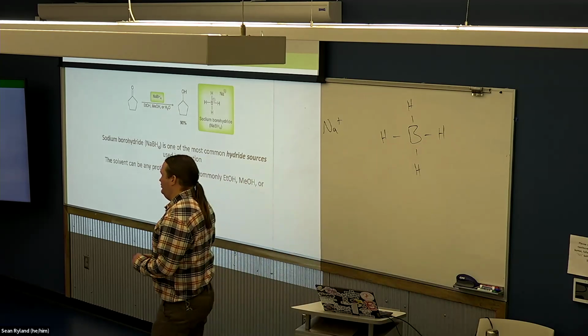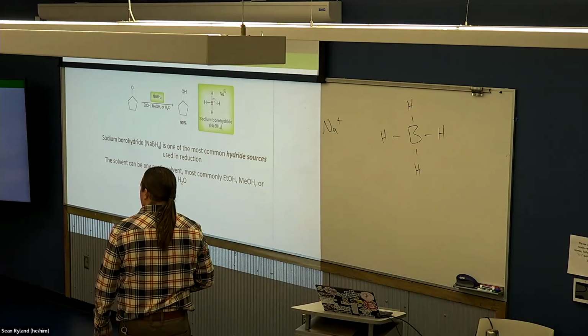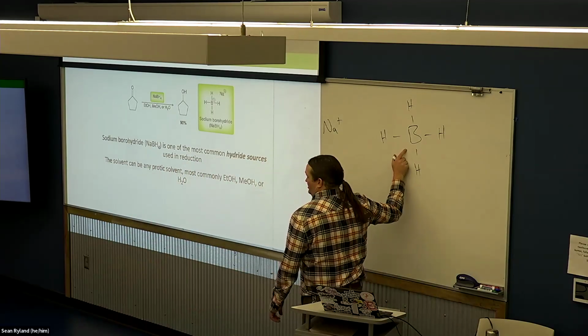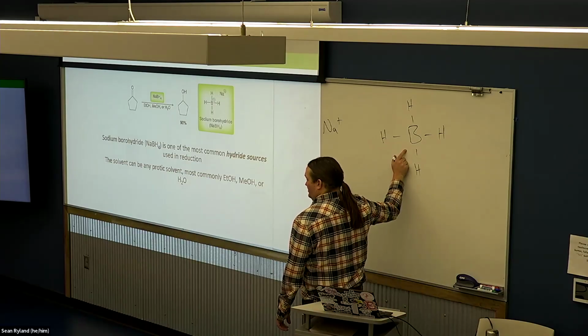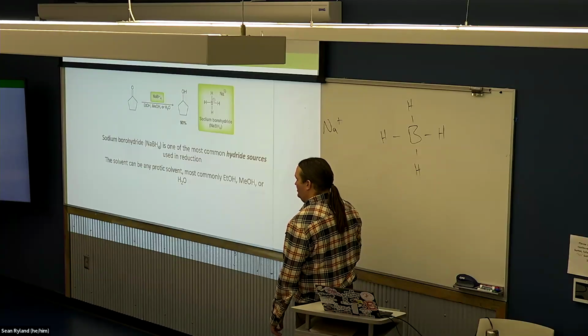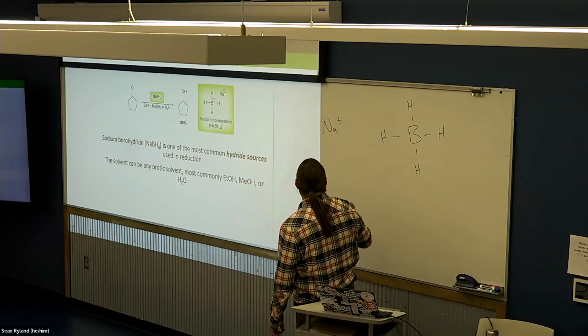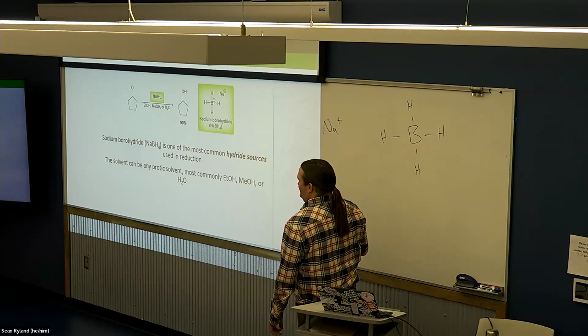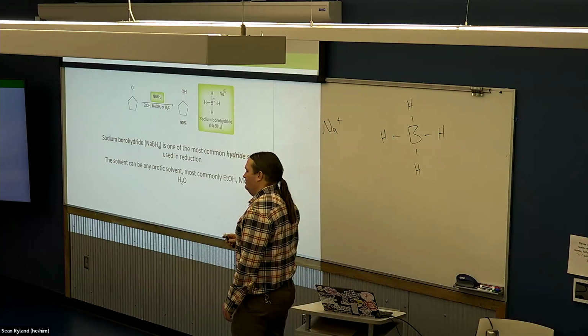Hydrogen is more electronegative than boron. The reason we can't just do this with a carbon is because carbon is more electronegative than hydrogen. If we want a hydride source, we want hydrogen with a -1 oxidation state. We have to have a hydrogen attached to something that's less electronegative than hydrogen.